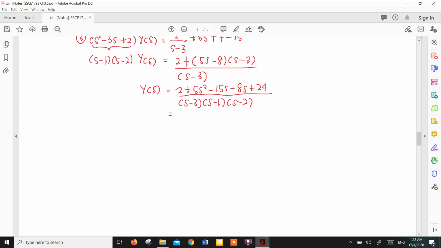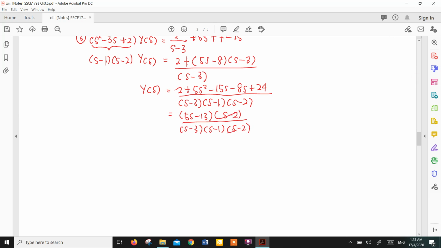Then you simplify, and at the end you will get (5s minus 13)(s minus 2) over (s minus 3)(s minus 1)(s minus 2).